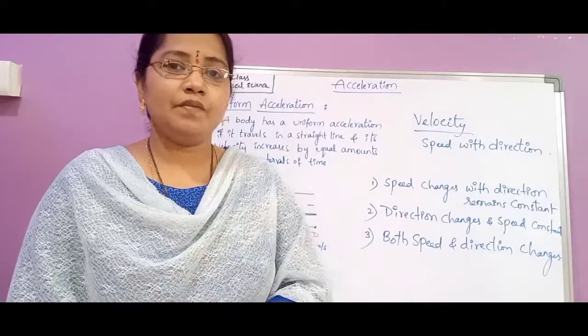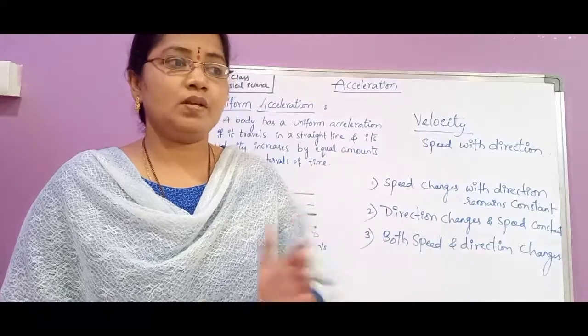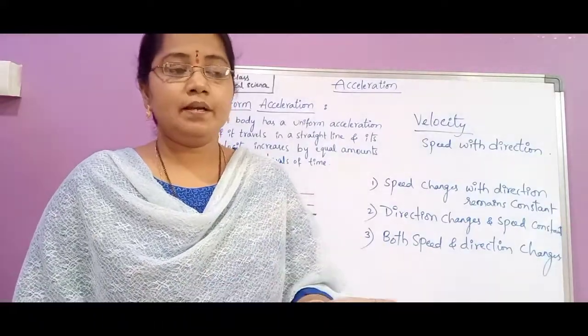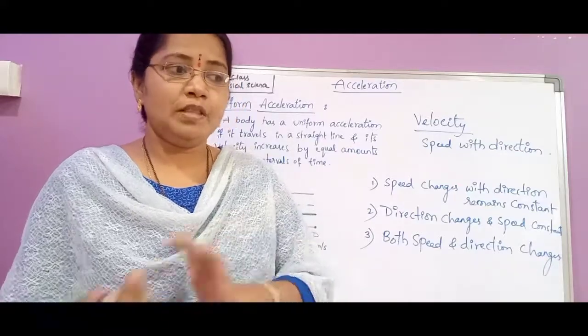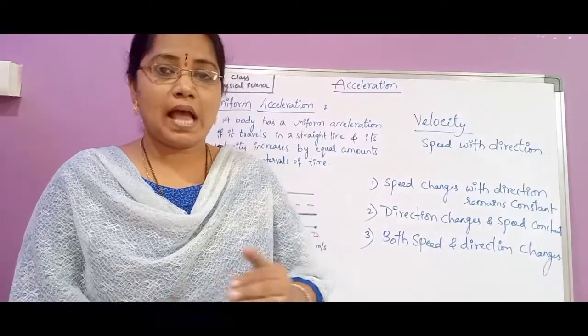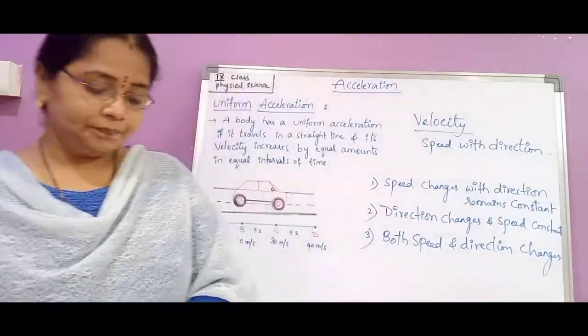The negative acceleration is called retardation. When the body increases its velocity gradually with time, it is said to be accelerated. But when the body decreases its velocity gradually with time, the body has negative acceleration, known as retardation.